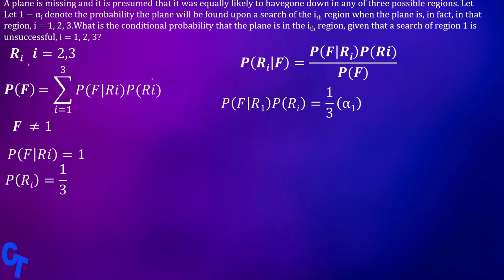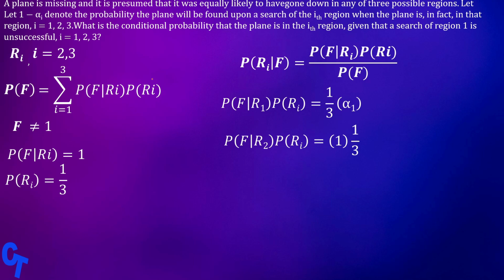Now let's go to the probability of not finding the plane in region 1 when the plane is in region 2. If the plane is in region 2, the probability of not finding it in region 1 is going to be 1. If something is in region 2, we're not going to find it in region 1. So it's certain, it's going to be 1, times the probability of the plane being in region 2, which is going to be 1/3, right?